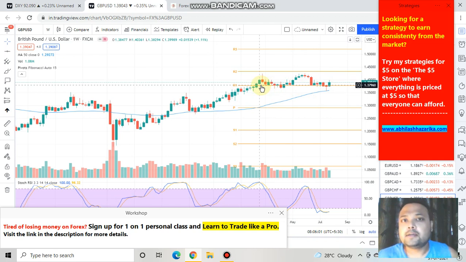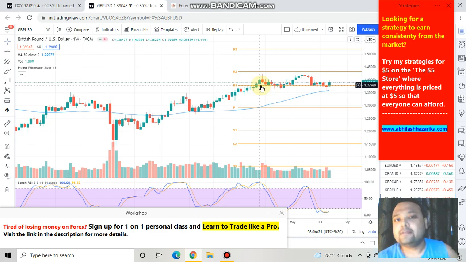Whenever the market is coming down, this is the level that is not allowing the market to go down, which clearly signifies that some big bulls, the big players, are sitting at this level. Some institutional buyers are present at this level, and they are not allowing the market to go down at any cost.